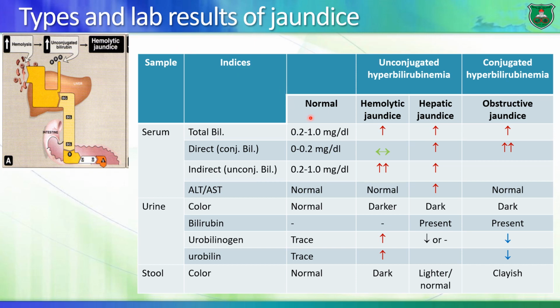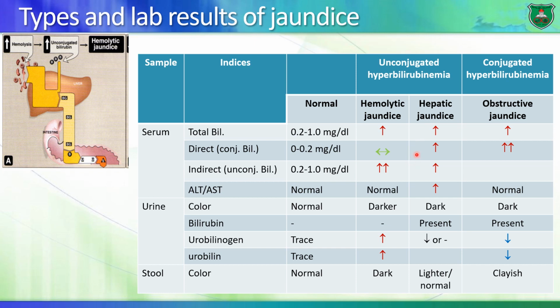Well, you can also have what is known as hepatic jaundice. So there is a deficiency, a problem in the liver itself. So what happens in these conditions is that you would have an increased level or concentration of bilirubin in blood because there's leakage.